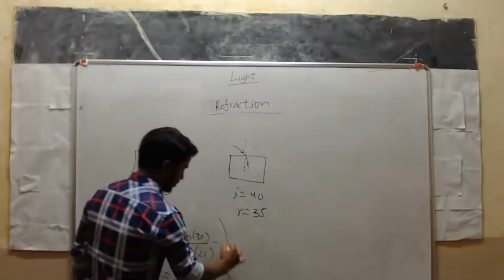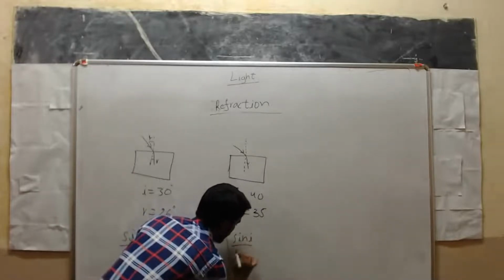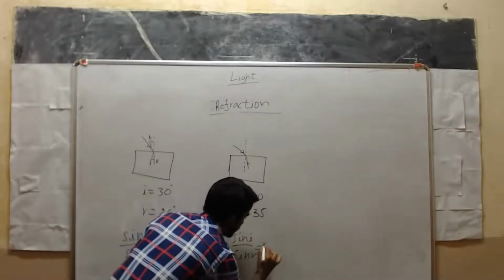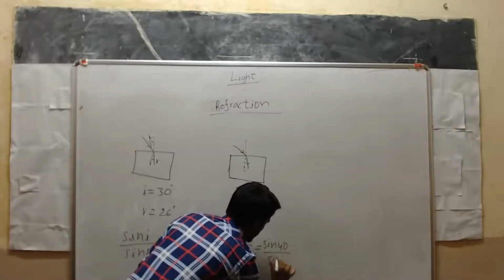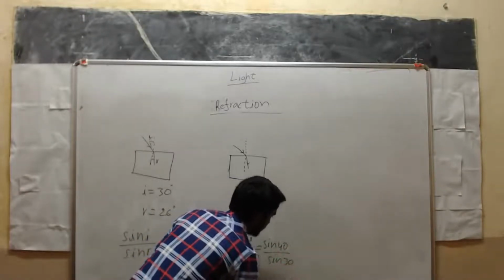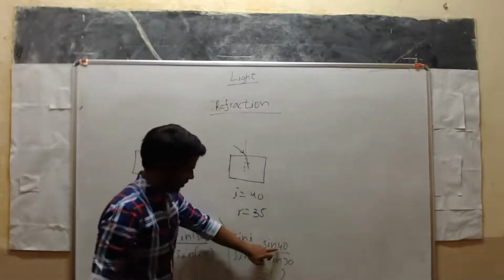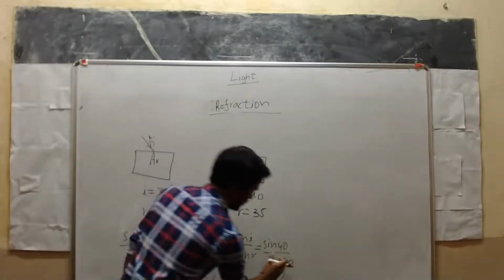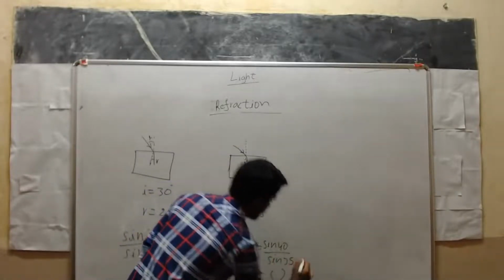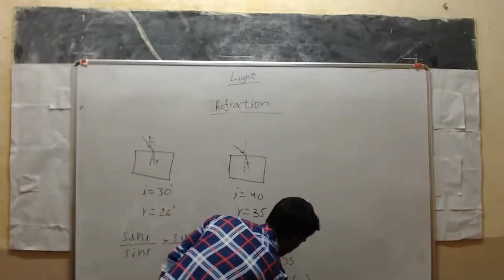Once again, you have to take sin I divided by sin R, equal to sin 40 degrees divided by sin 35 degrees. Here also you will get one value. Write the value of sin 40 here and sin 35 here, and divide; here also you will get one answer.